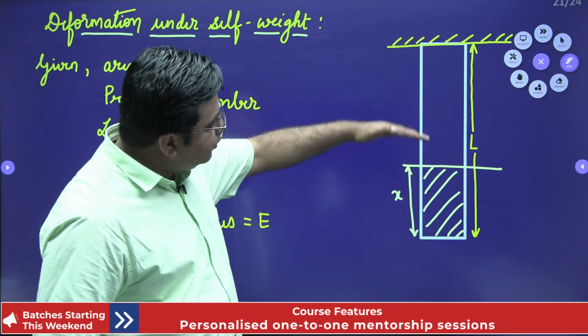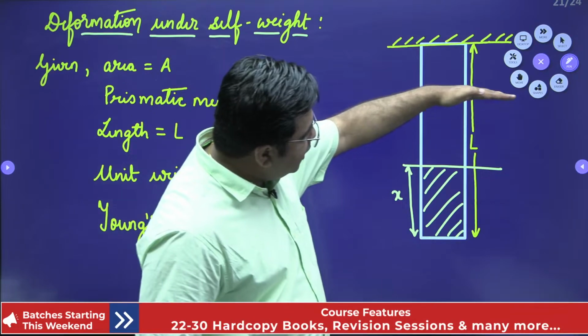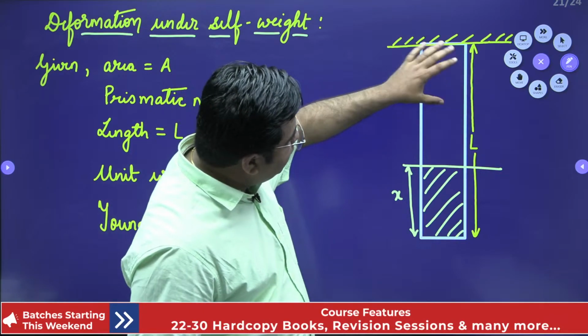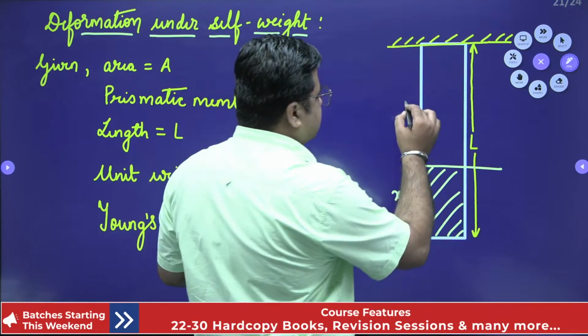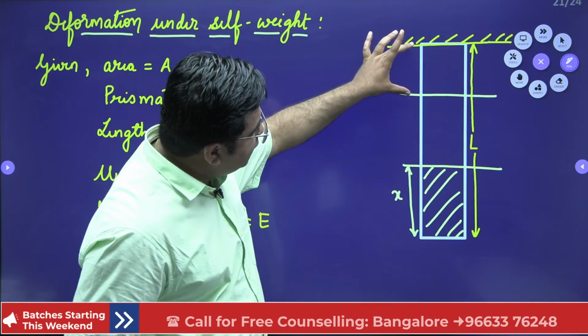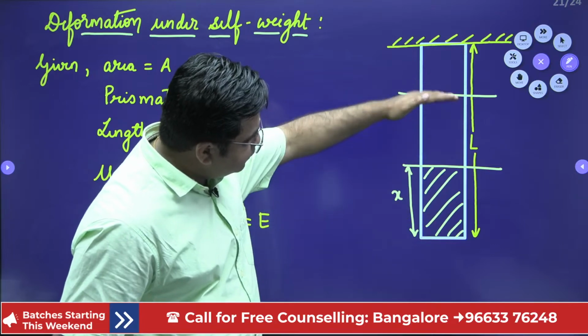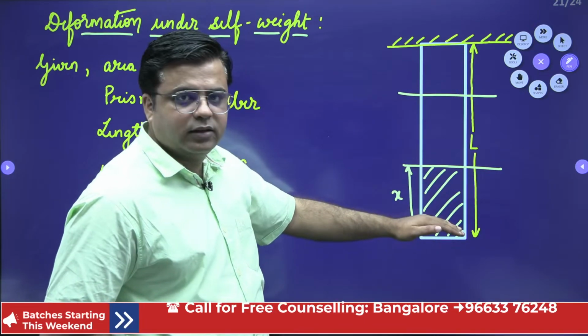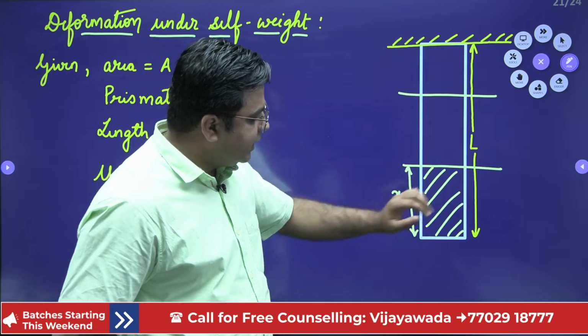If you go somewhere higher, the amount of load acting over this member will increase. If you go somewhat more higher, then the amount of load acting will be this total length, the weight of this hanging member.